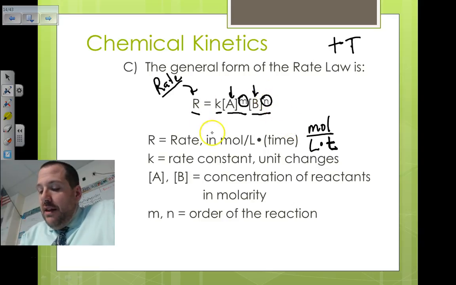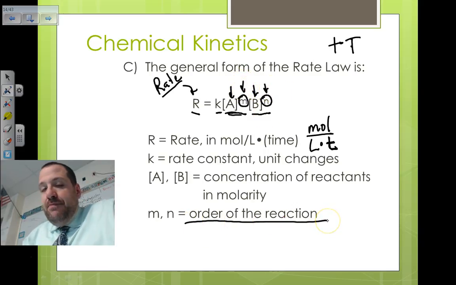So the rate is equal to the concentrations of the reactants in molarity raised to the power of M and N, and that's called the order of the reaction. I would suggest that you write this stuff down, and then we'll talk about it, and it'll make sense at the end when we go through the sample problem. That way you can see it all in action.